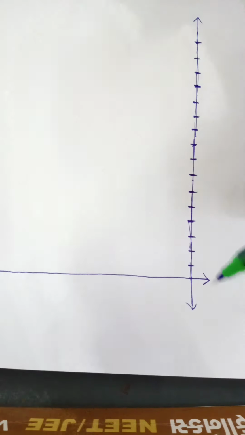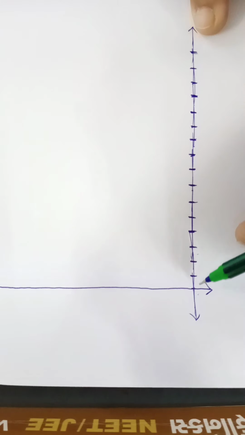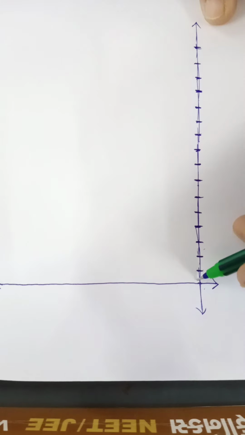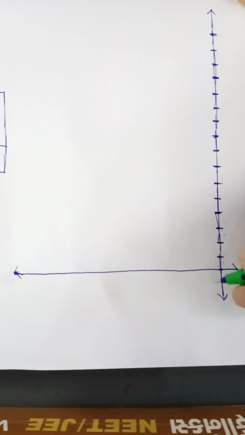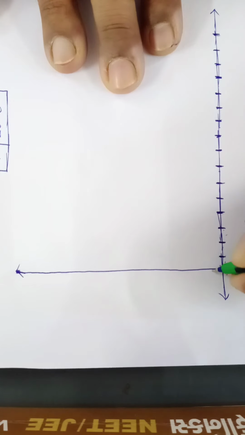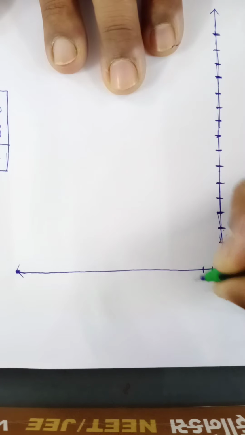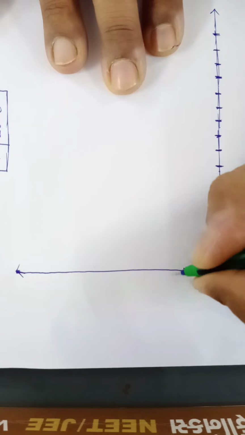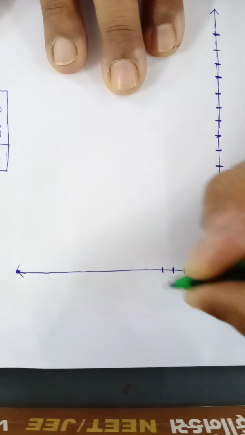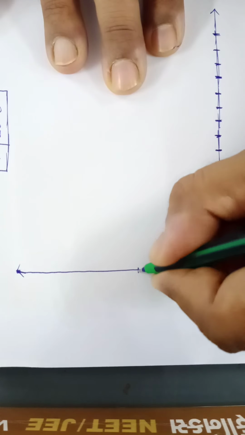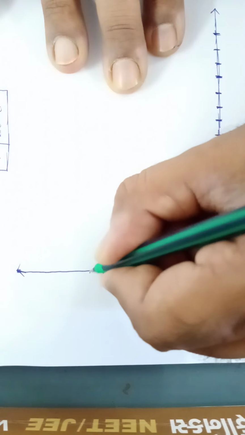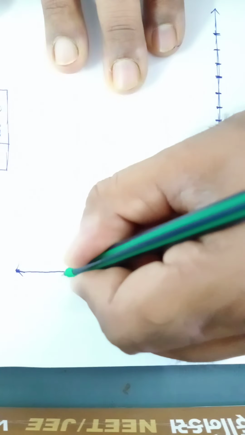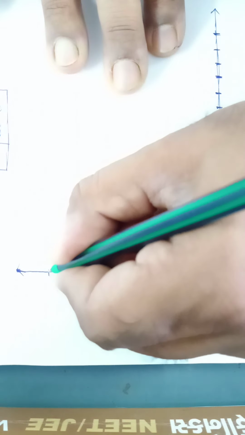I just take a distance of 5 units per line segment, so this line segment contains 5 units, then 10, 15, 20, 25, 30 and so on. Similarly here also we plot in this way: 5, 10, 15, 20, 25, 30, 35, 40, 45 and 50, after that 55, 60, 65, 70 and 75.